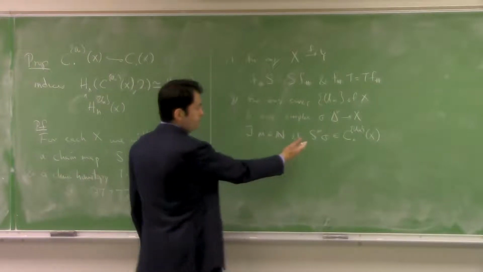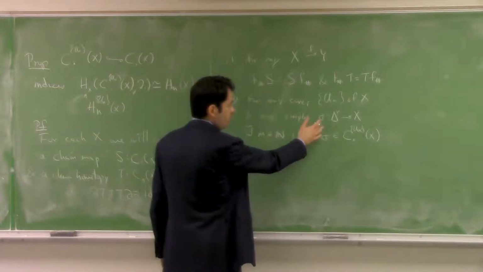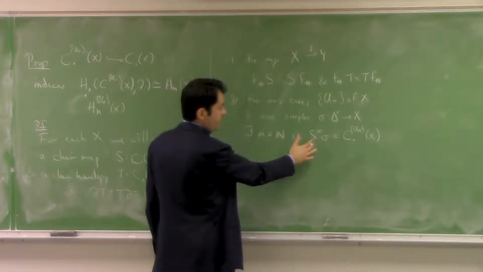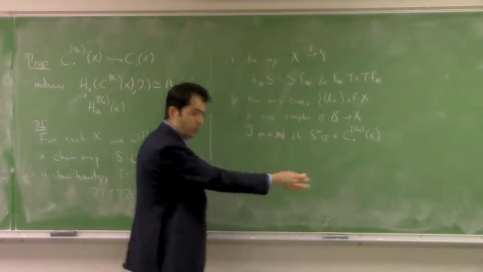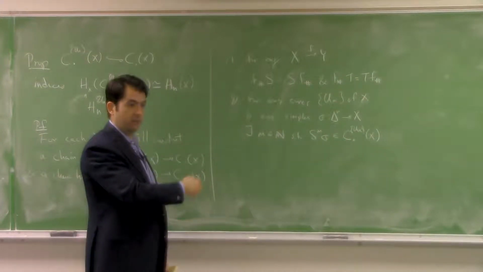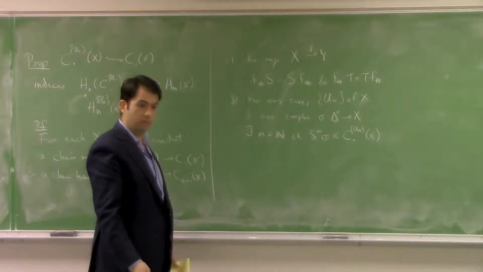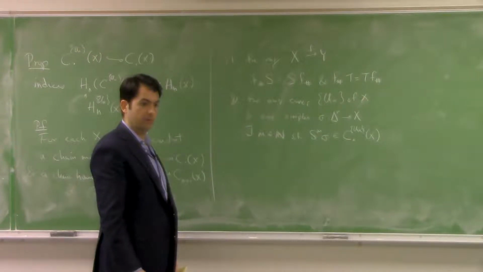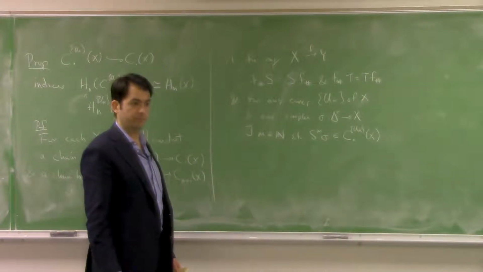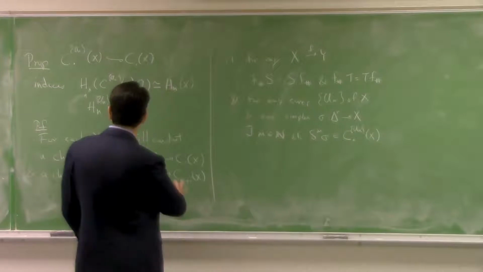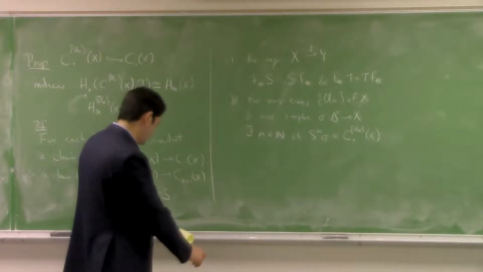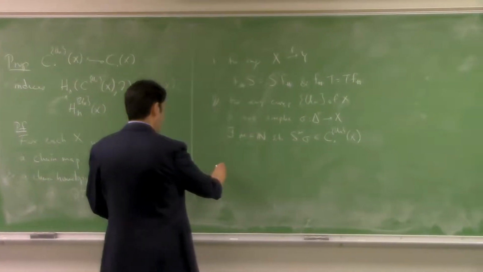Okay, so if you give me any simplex, then subdividing that enough times, I end up with something where each subsimplex maps into the interior of one of these open sets. Okay, so that's what we're going to do.